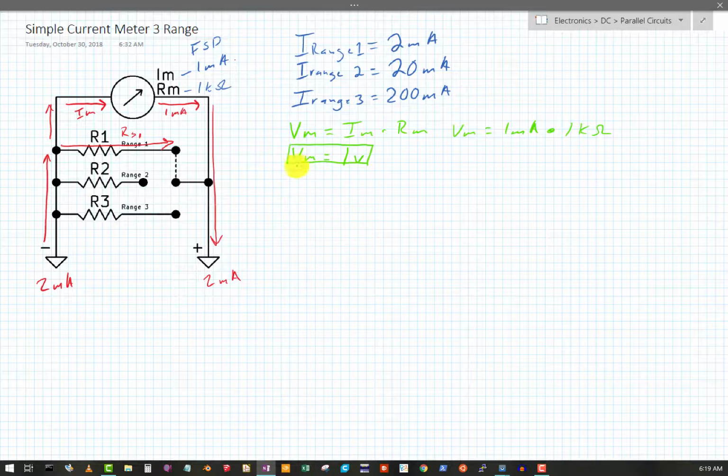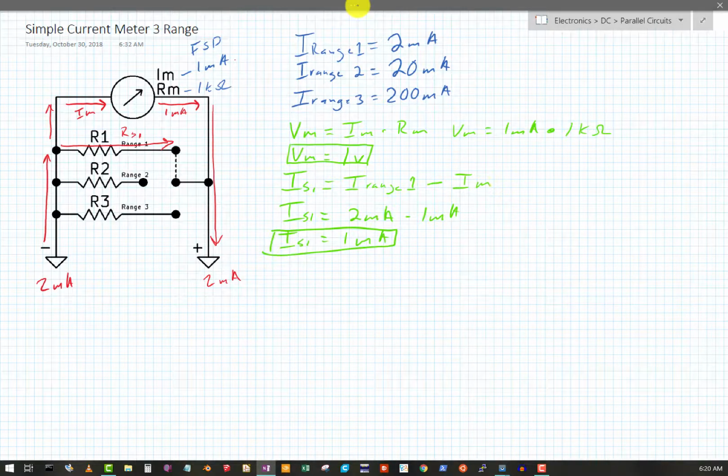Alright, and then I figured out from before, I shunt, and we'll just say I shunt 1 because we have multiple ranges here. I shunt 1 is going to be I range 1 minus I meter, which is constant. 2 milliamps minus 1 milliamp, so IS1 equals 1 milliamp.